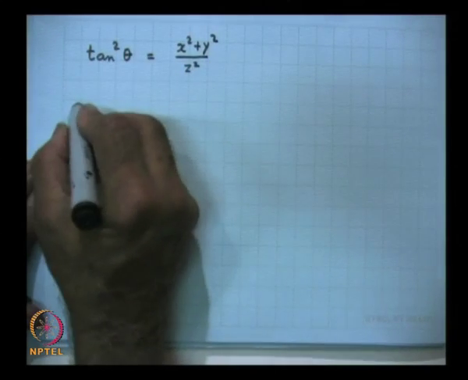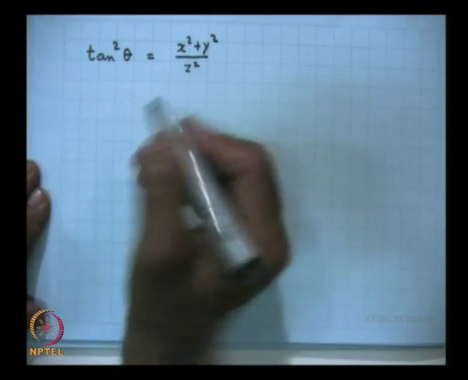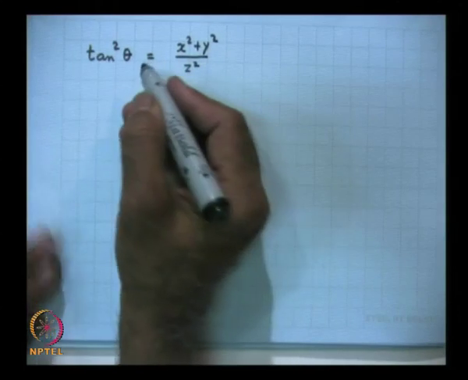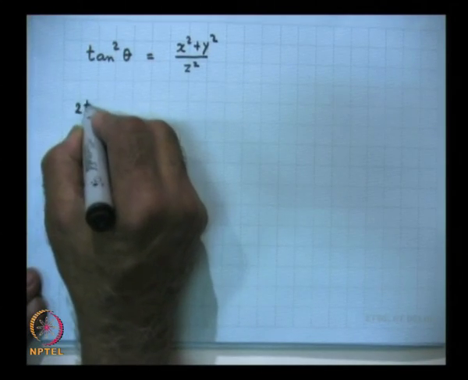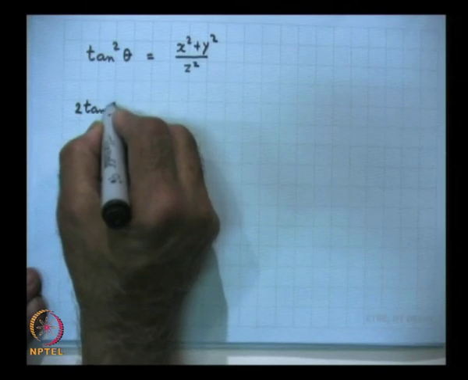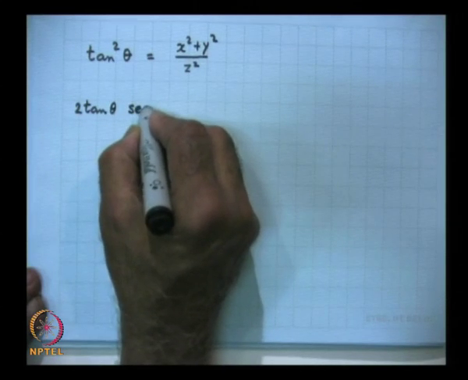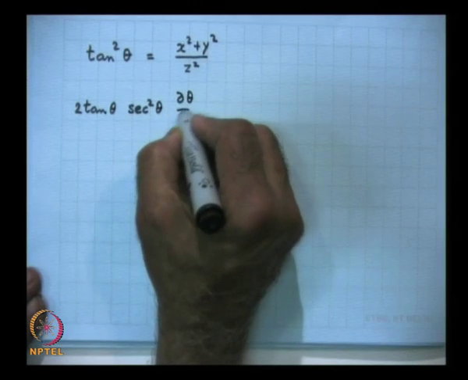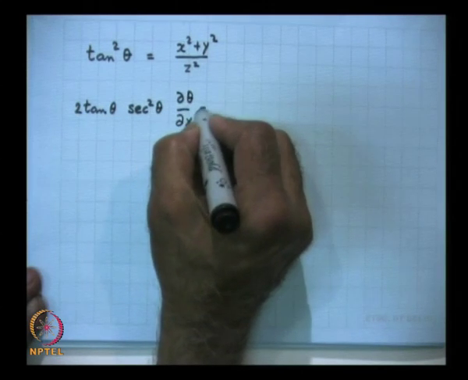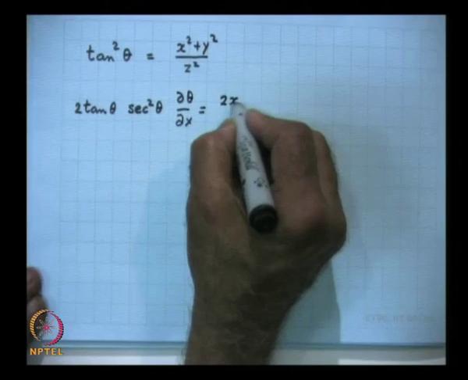If I differentiate this with respect to x first: 2 tan theta sec square theta delta theta by delta x is equal to 2x by z square.